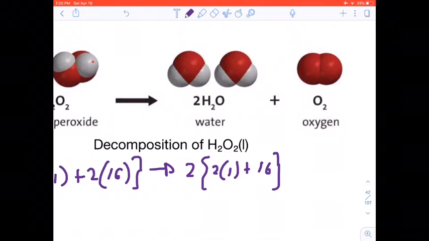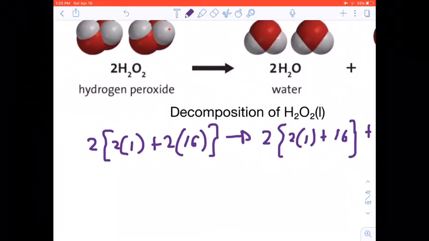So if we look at this, here we've got 2 plus 32 is 34, and times 2 gives us 68.